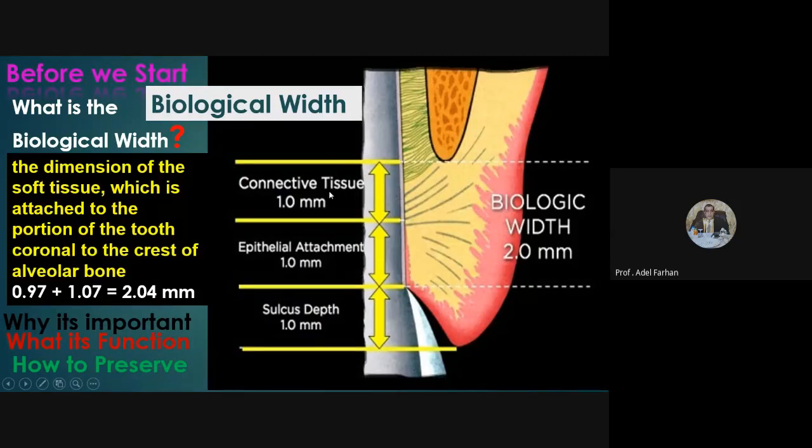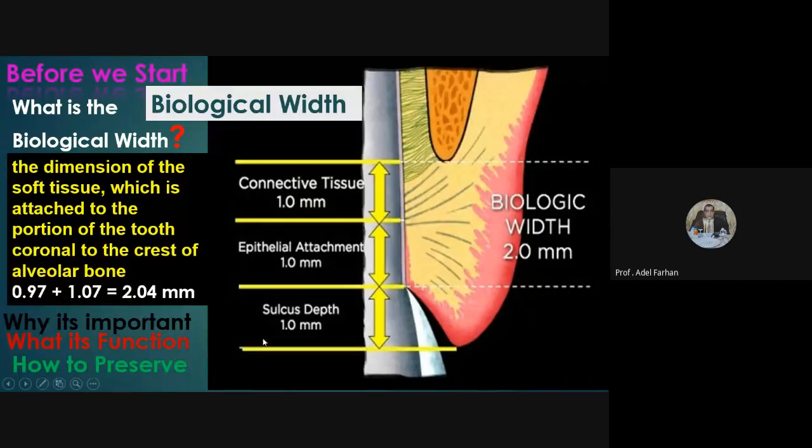It consists of the connective tissue and the epithelial attachment. There is a definite proportion between the sulcus depth and the epithelial attachment and the connective tissue attachment.